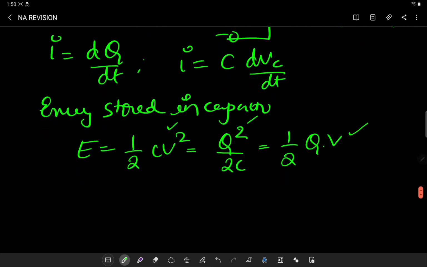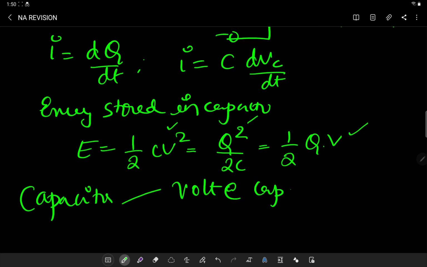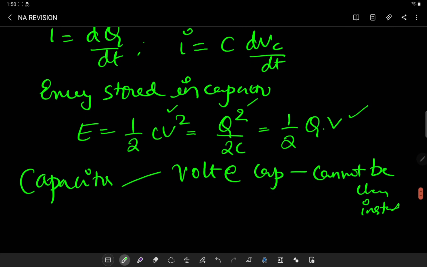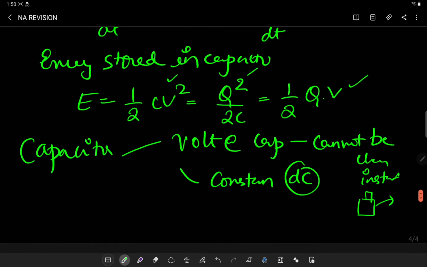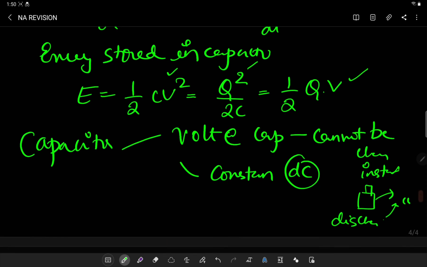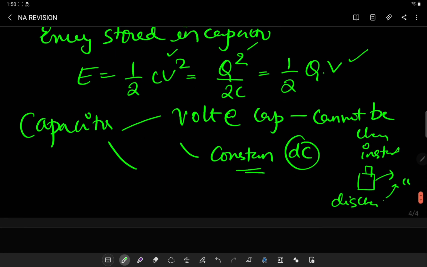Now coming to the ideal properties of a capacitor. So the voltage across a capacitor cannot be changed instantaneously, or I can simply say it is constant. So you imagine a battery. Can you immediately remove all the charge from it? No, there is a process of discharging and then charging. So similarly, the student has to remember this.